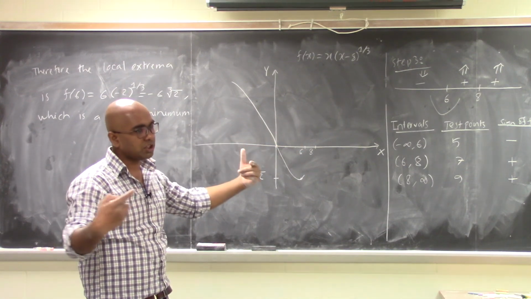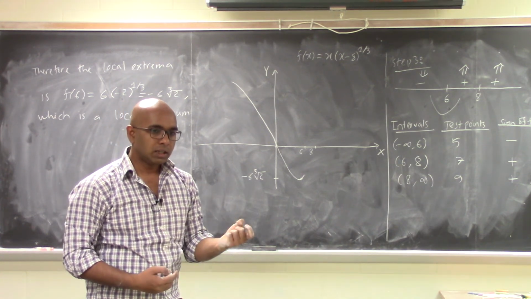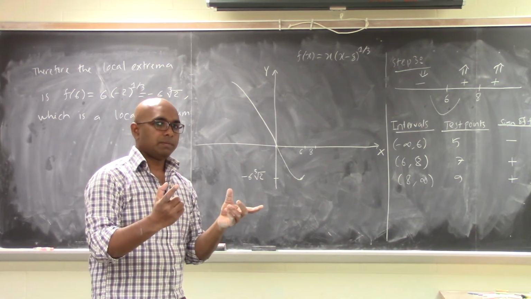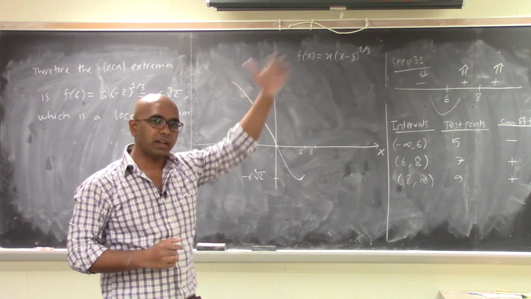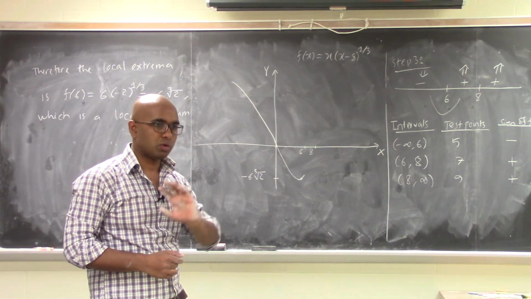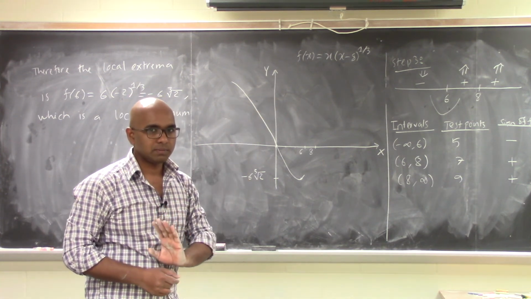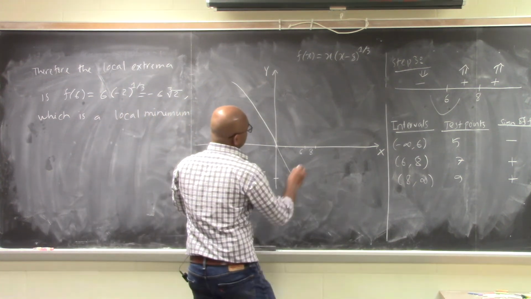Because as you are approaching 8, you have x minus 8 at the bottom, and then there is a square, right? So if you are approaching 8 there, f prime of x goes to infinity. So what does it mean? Slope is going towards infinity. That means it's a vertical tangent, right?